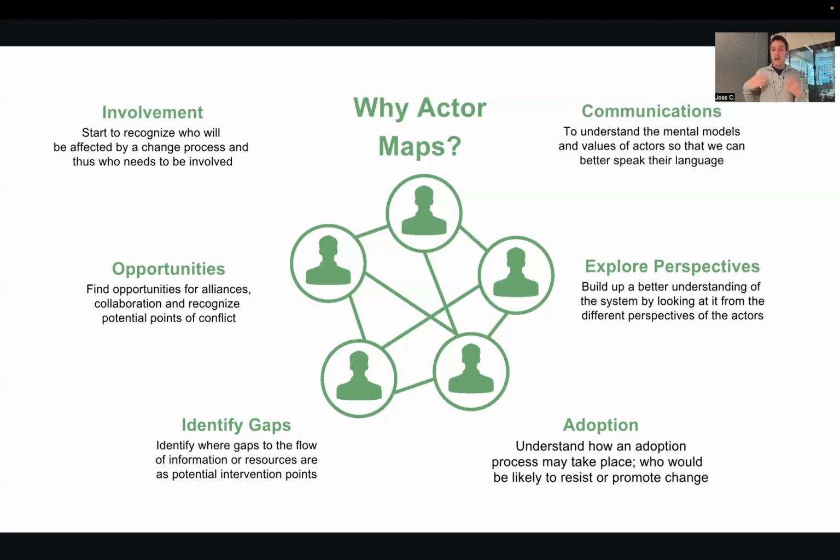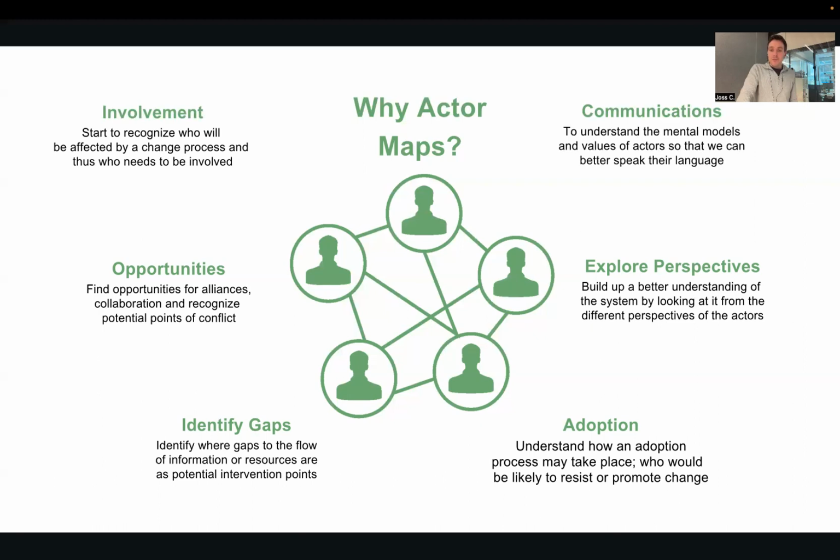So we can potentially find higher leverage by doing this instead of just rushing in, talking to the first person we think is relevant. We can actually get that bigger picture view of the whole system and find higher intervention points, greater opportunities, look out for those potential conflicts, find gaps in information, and so forth.